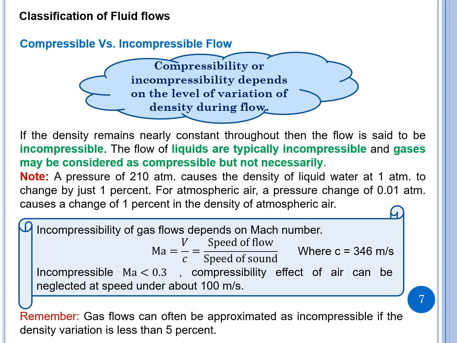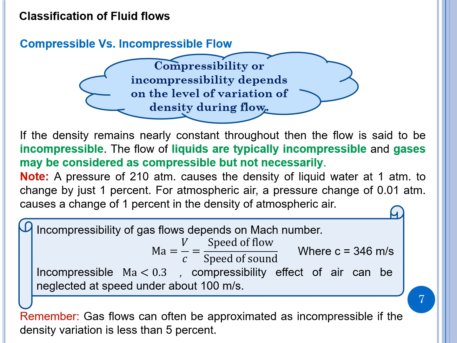So you increase the pressure by 21,000% and there is only 1% change in density. Comparatively, that change in density is very low as compared to the change in pressure. So for the sake of simplicity, we say that okay, liquid or water is incompressible. But in reality, it is not.